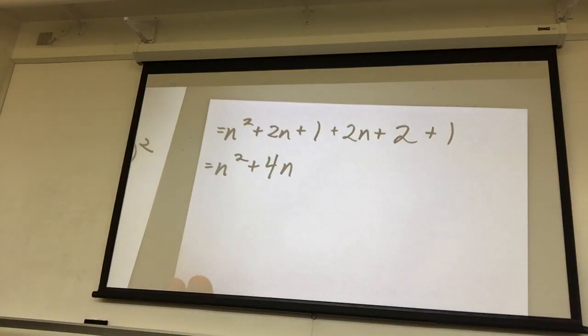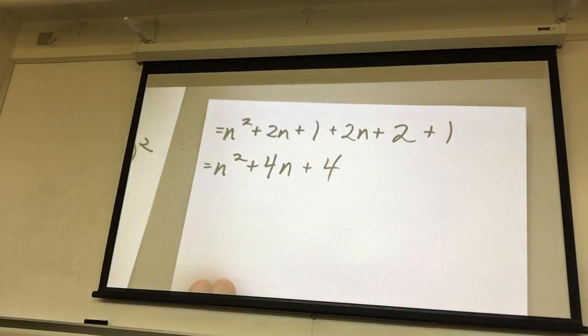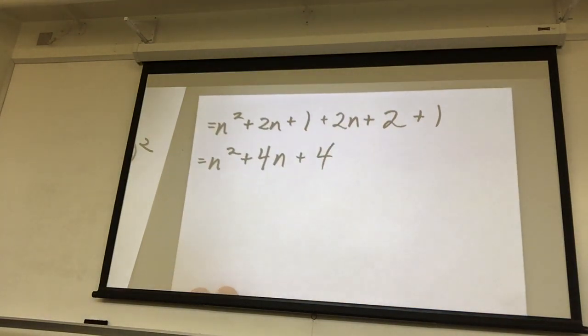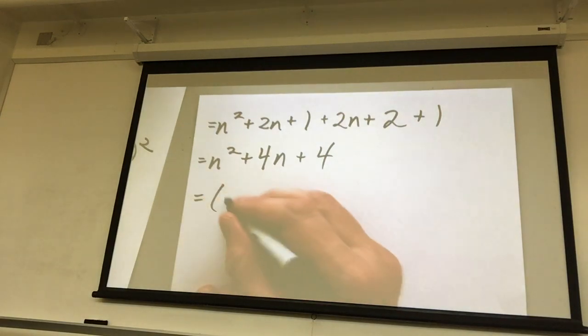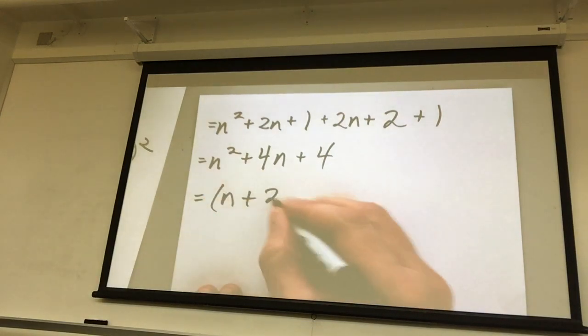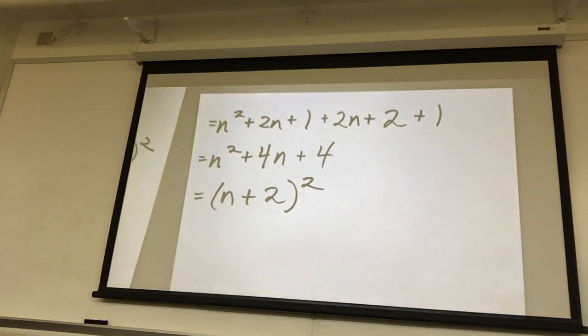And plus 1 plus 2 plus 1, that would turn into a 4. Okay. Which would equal n plus 2 squared. Okay, great.